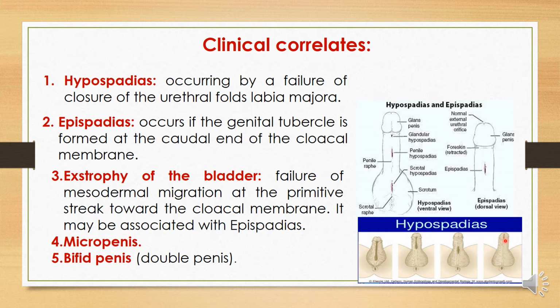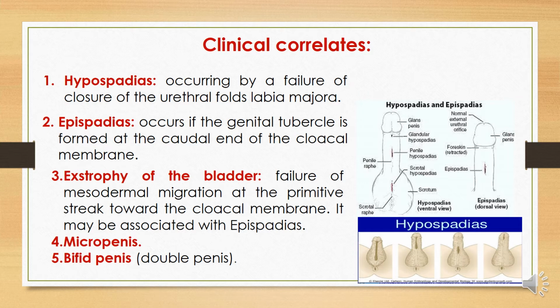Second, epispadias occurs if the genital tubercle is formed at the caudal end of the cloacal membrane, normally in the cranial position. It is associated with an abnormal urethral opening at the dorsum of the penis.